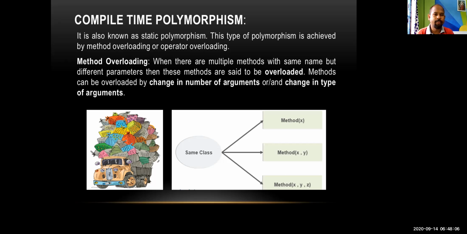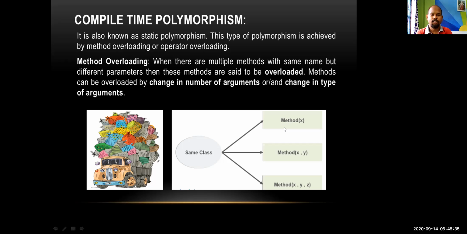So here we are having method overloading. How is a method overloaded? When there are multiple methods with the same name but different parameters, then these methods are said to be overloaded. Here in the diagram you can see there is a class named same class, and it has three member methods: method X, method XY, method XYZ.